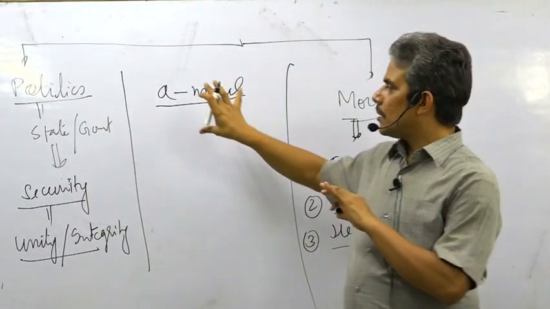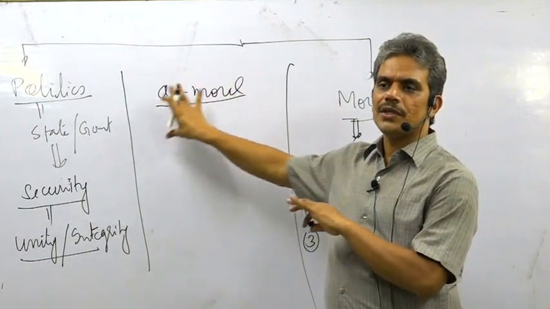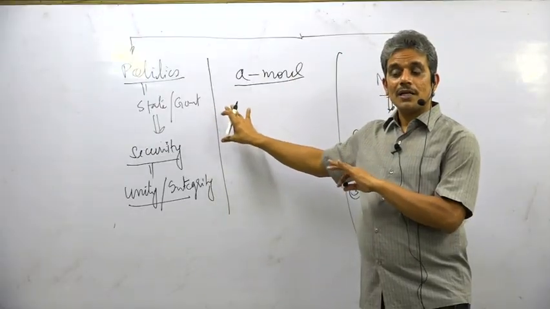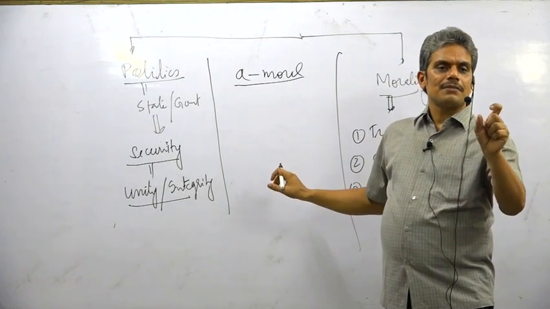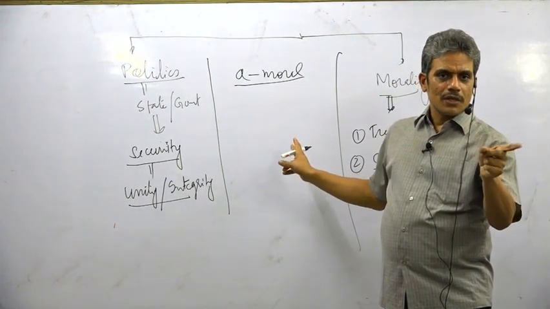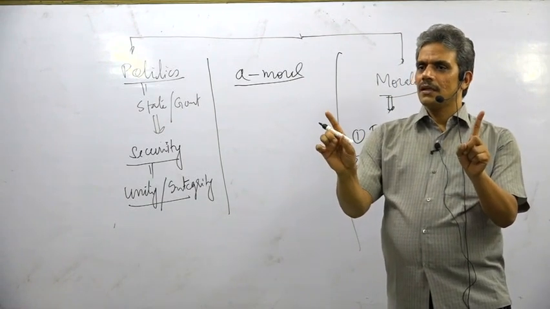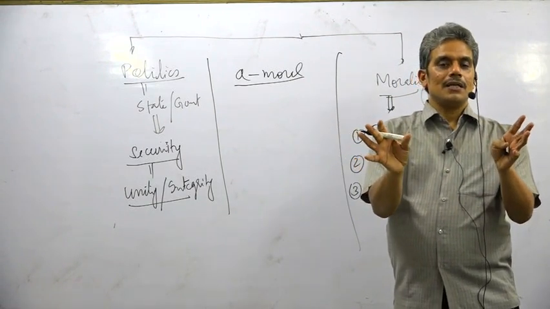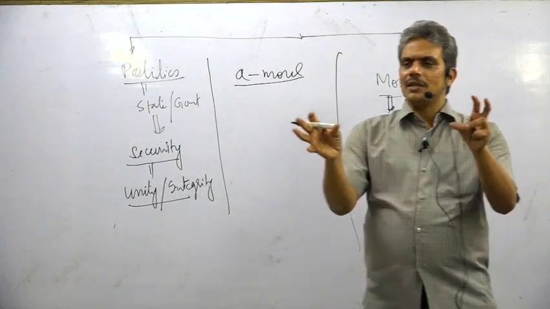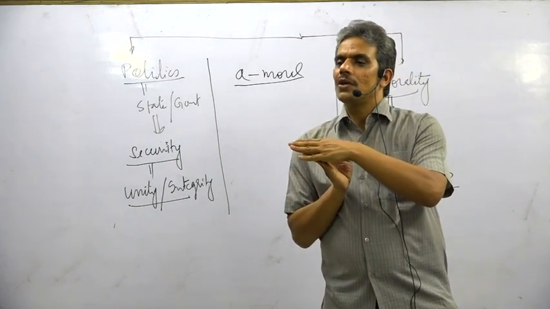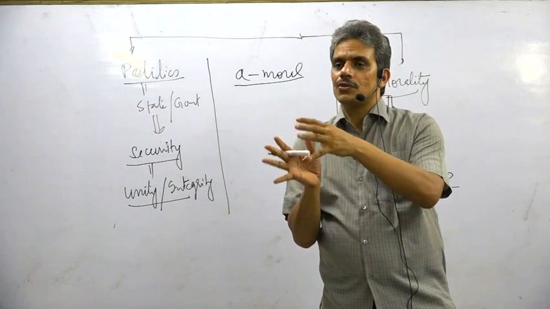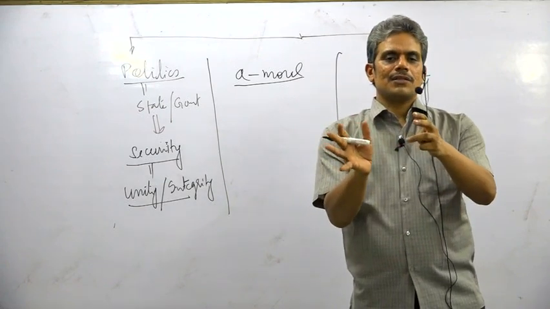Amoral means morality is not applicable to state and government. There is a difference between amoral and immoral. Immoral means he is against morality. He never said that. Just see how morality can be an instrument for furthering the national interest.